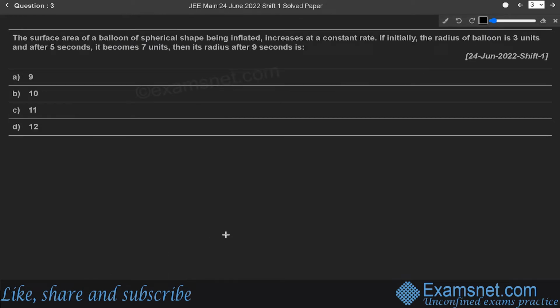Next question: the surface area of a balloon of spherical shape being inflated increases at a constant rate. If initially the radius of the balloon is 3 units and after 5 seconds it becomes 7 units, then its radius after 9 seconds is. This is a very, very important question. This kind of question always appears in the exam. So here we know that the surface area of the balloon, which is a sphere, is equal to 4 pi r square.